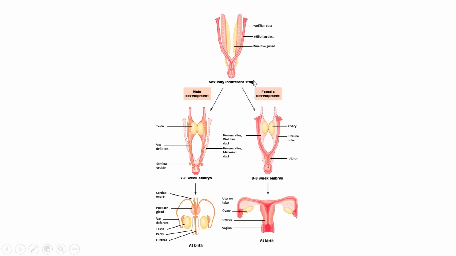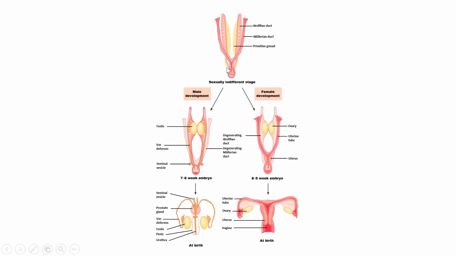This is how the development looks up until 2 weeks. We have the Wolffian duct and the Müllerian duct, and then we've got the primitive gonads. The primitive gonads will either become the testis or the ovaries, depending again on that SRY gene.